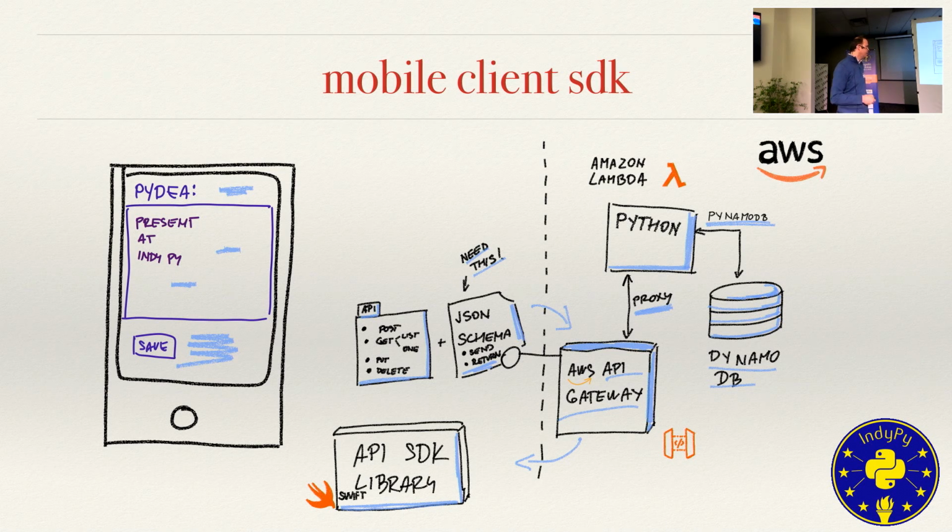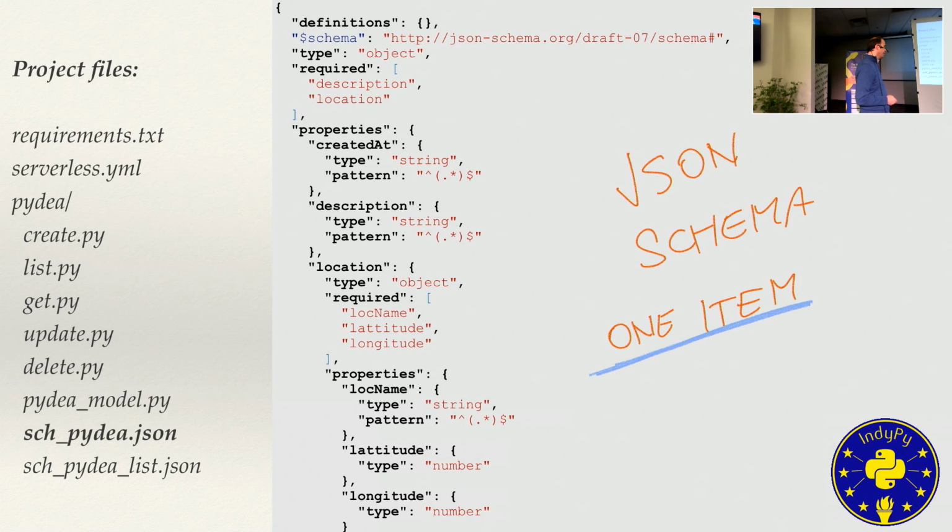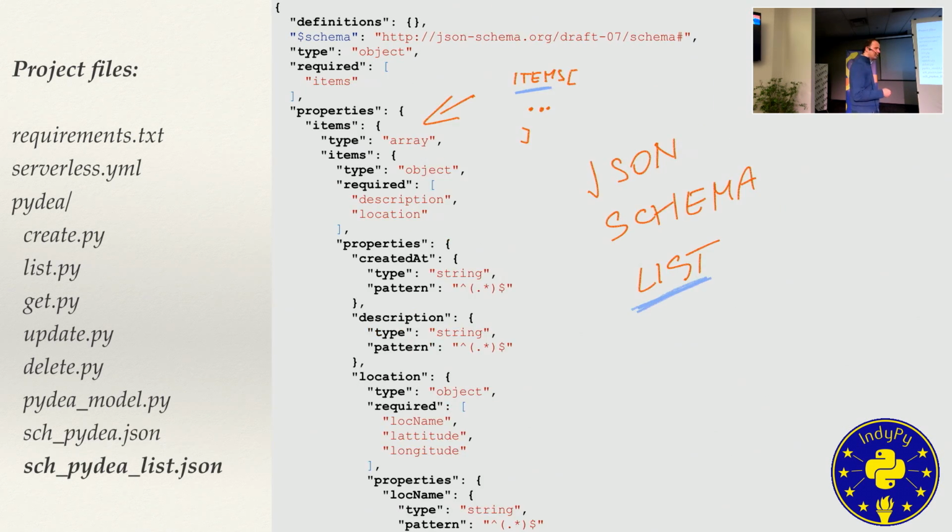In this case, I like to use Swift for iOS, for example. So again, I need to add a few more things in my project. One of them would be the schema for the request. So essentially, I describe here's what's coming in terms of JSON schema. And as a response, some of the methods, let's say the list, returns the list of items. So I need to describe also JSON schema for list.